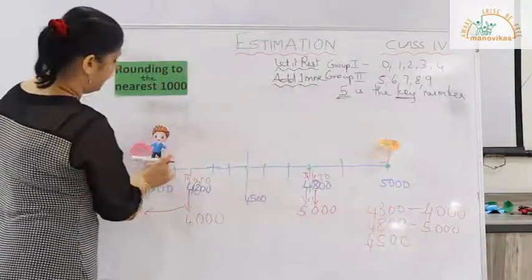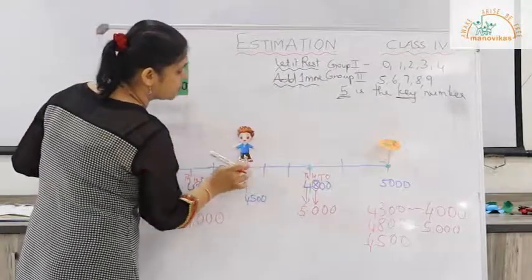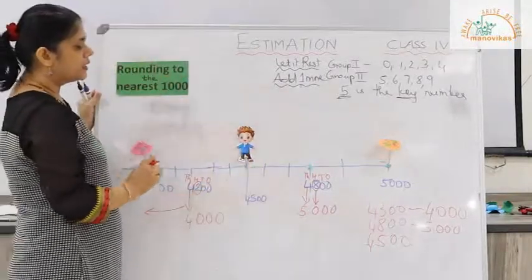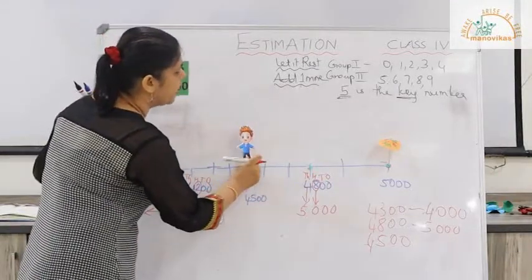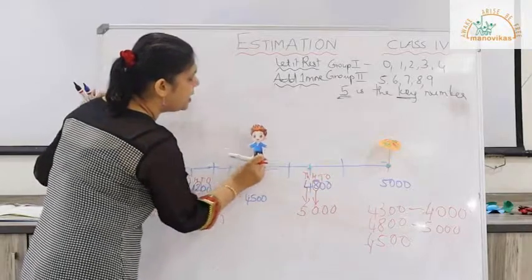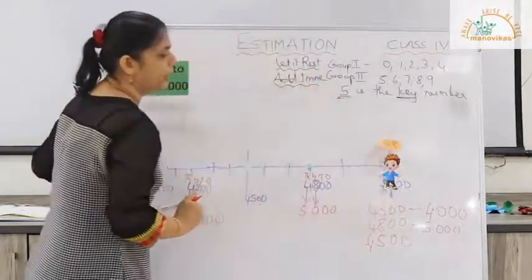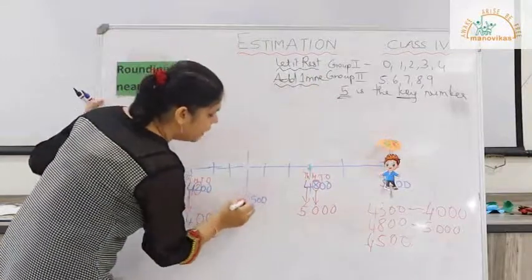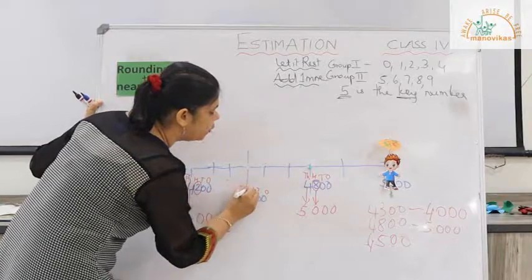And again Raju was going to school. When he reaches 4500, it starts raining. So what does Raju do? He sees an umbrella on 5000 and he quickly runs and waits under the umbrella. So again in 4500, which digit are you going to check, children? Now you must tell me.